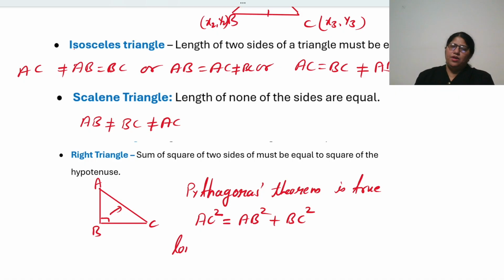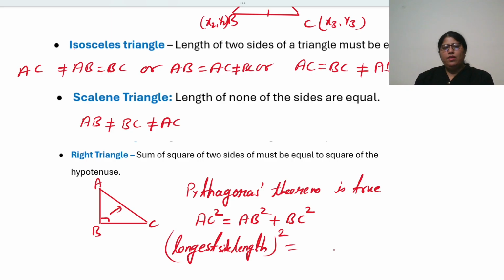Otherwise, you have to remember the longest length, because when you use the distance formula, you can see the lengths. So the longest side length squared will be equal to the other two sides, side 1 square plus side 2 square.